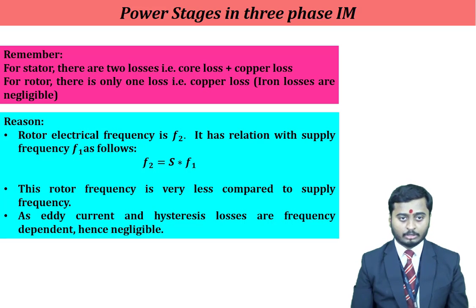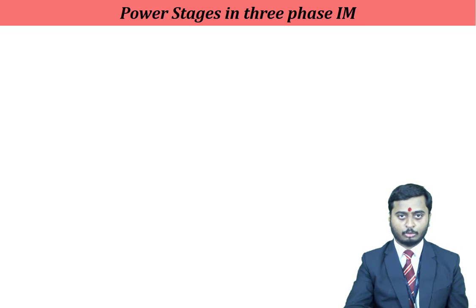This rotor frequency is very small compared to the supply frequency. As eddy current and hysteresis losses are frequency dependent, we consider iron loss negligible in the case of a rotor. So this is the power stages in a three-phase induction motor.